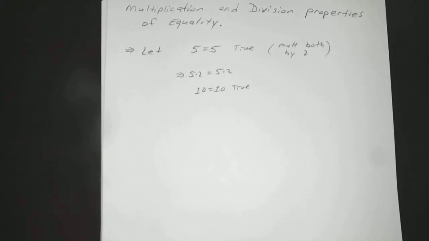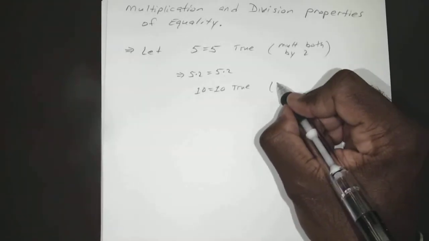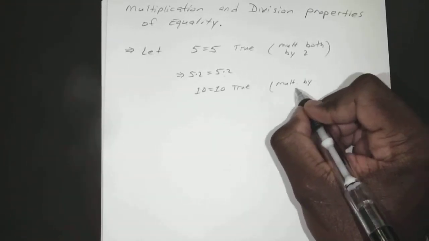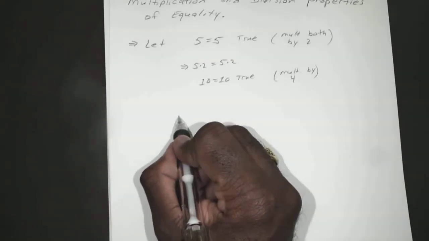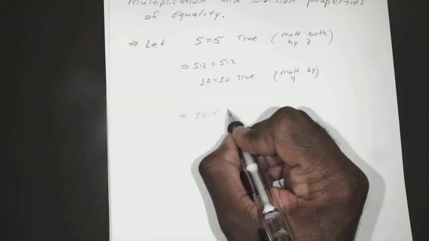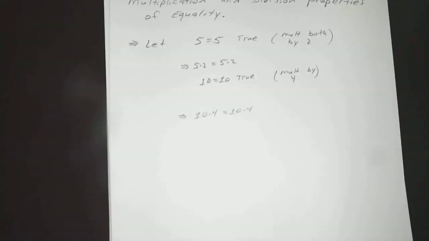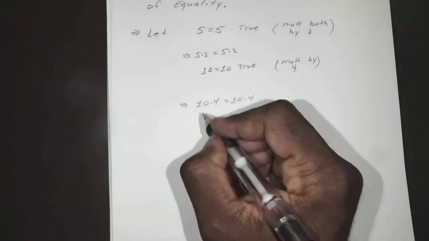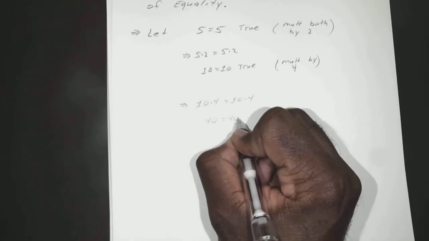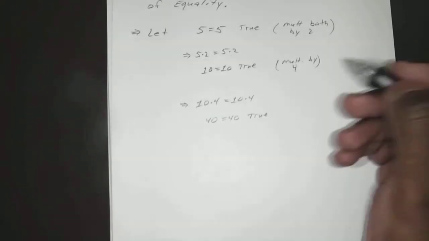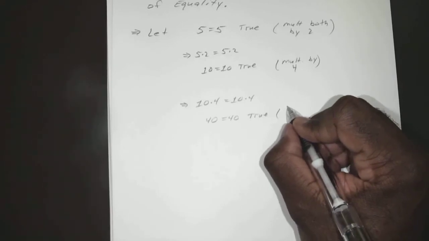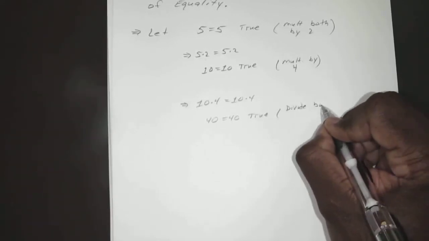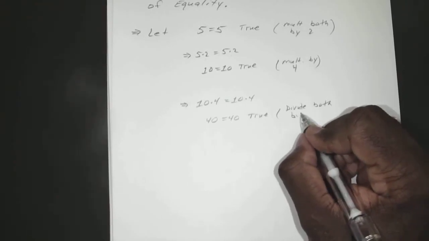Okay. What if we multiply both sides by 4? We end up with 10 times 4 equals 10 times 4, which just gives you 40 equals 40, which is still true. Okay, so we know as long as we multiply both sides by the same thing, we'll get an equivalent equation. So what if we divide both sides, let's say by 10?